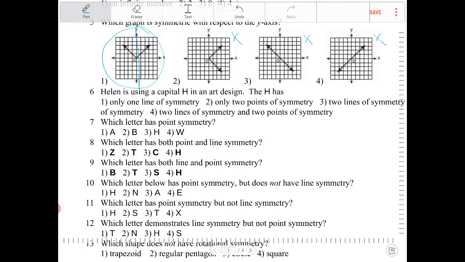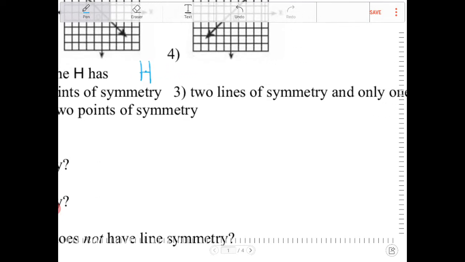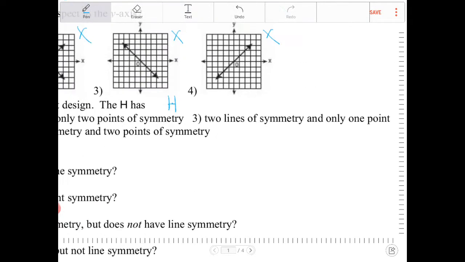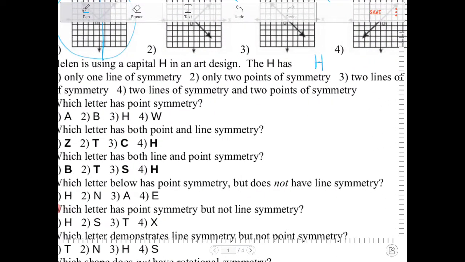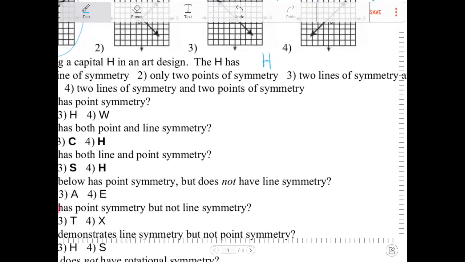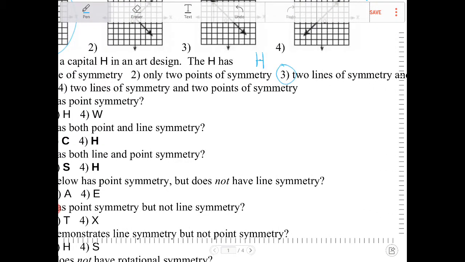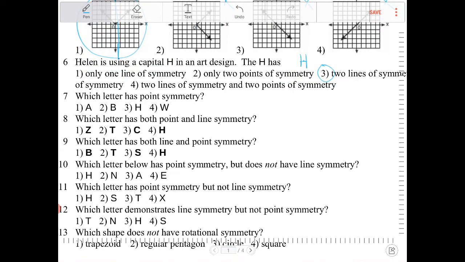I believe H has 1 point of symmetry, 1 point of rotational symmetry, and that's right in the middle there. 2 lines of symmetry and only 1 point of symmetry. I believe 3 is our answer, but let me read number 4. 2 lines of symmetry and 2 points of symmetry. Yeah, definitely number 3. There's no second point of symmetry that I can see here. But if I'm wrong, you guys can correct me.